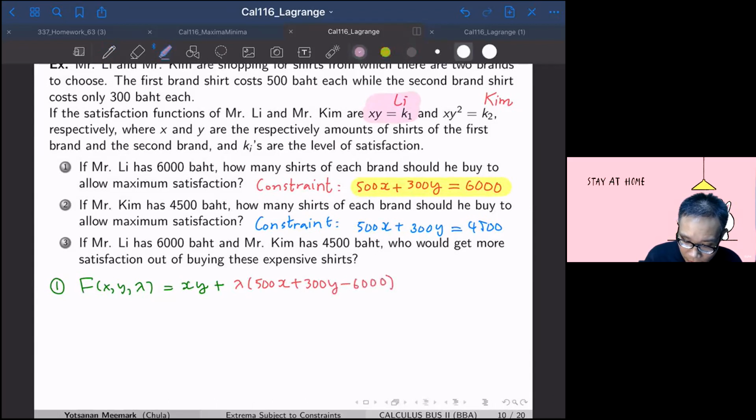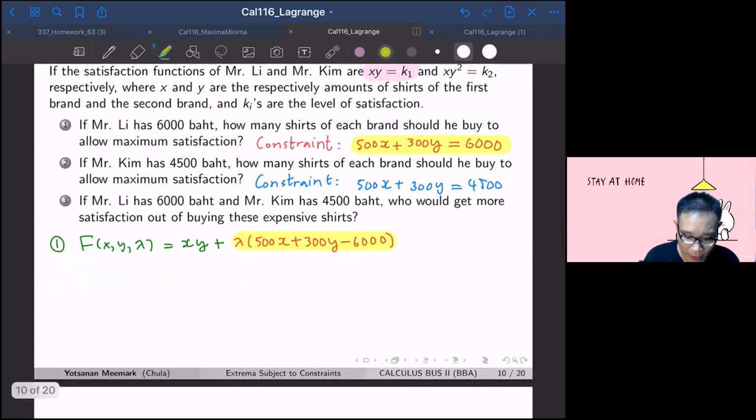This one will be this constraint. And you're going to use Lagrange, so you're going to have F_lambda, F_x, and F_y. You're going to find the critical point and you're going to have the maximum certification.